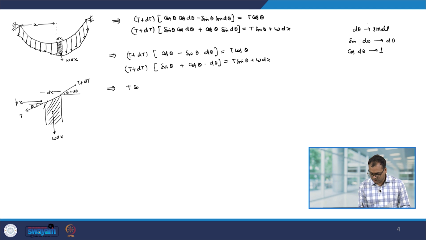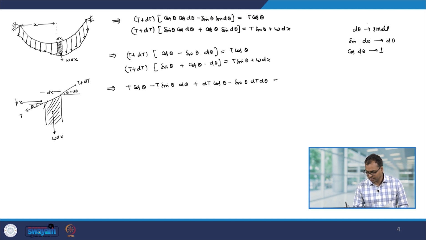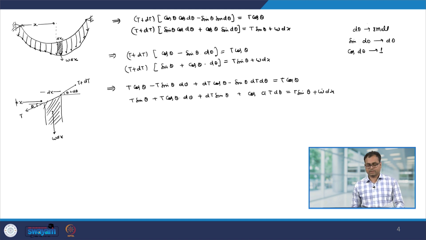So, we have t cos theta minus t sin theta d theta plus dt cos theta minus sin theta dt d theta equal to t cos theta and t sin theta plus t cos theta d theta plus dt sin theta plus cos theta dt d theta equal to t sin theta plus w dx.